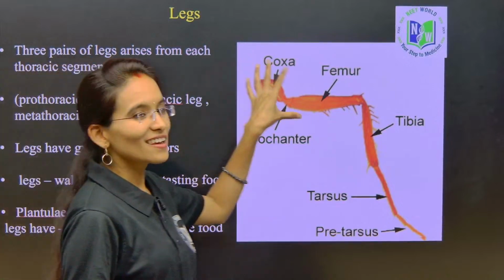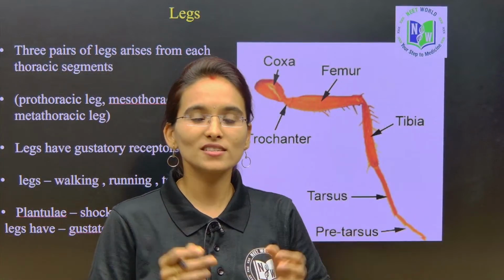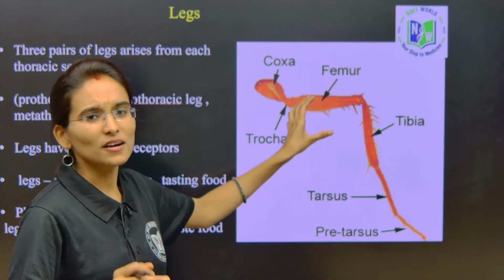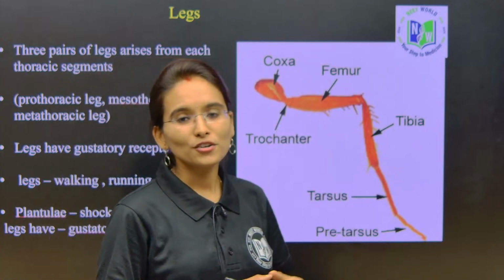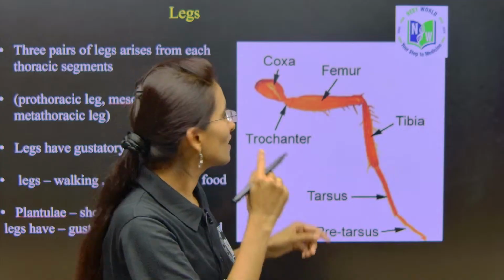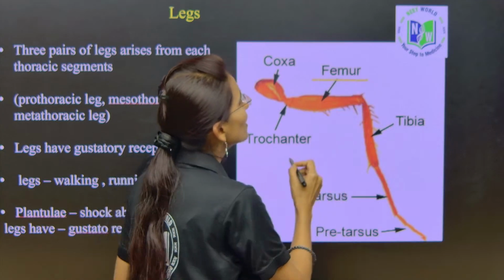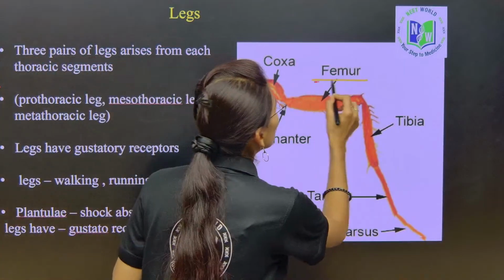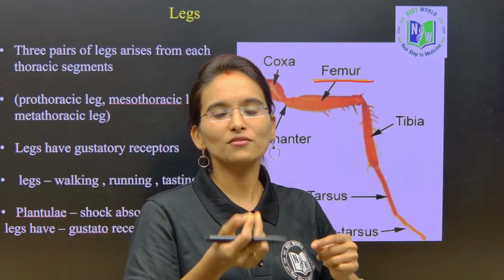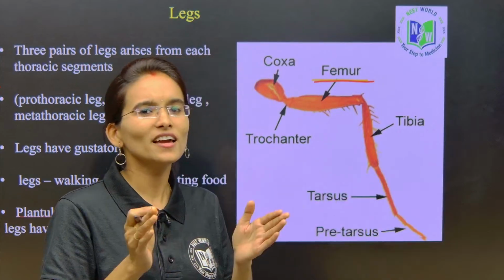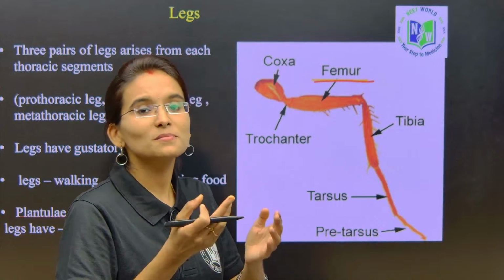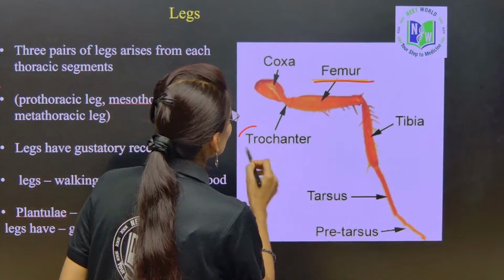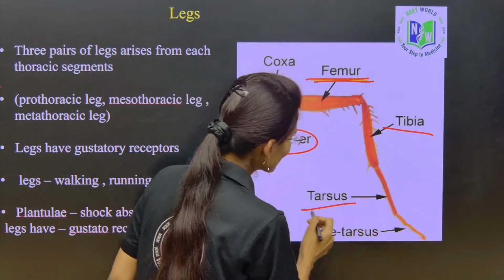When it comes to the legs of the cockroach, sometimes we may expect questions in NEET on the labeling parts. Sometimes they give labeling parts like femur and trochanter. Sometimes we get only a few labeling parts and one of them is missing, so you need to identify the missing part among the segments of the leg: trochanter, femur, tibia, tarsus and pretarsus.